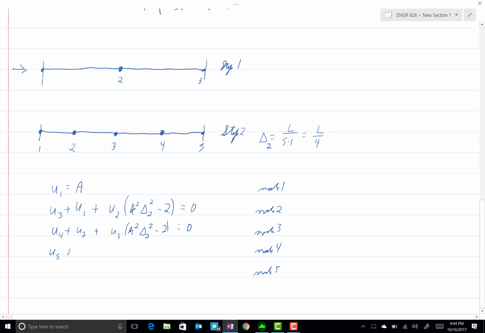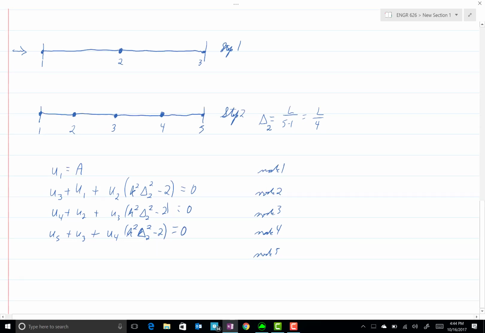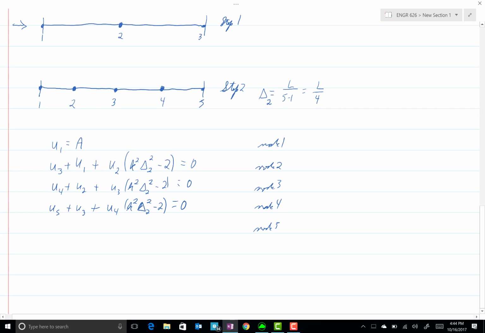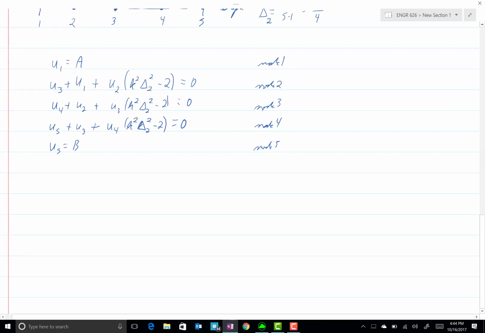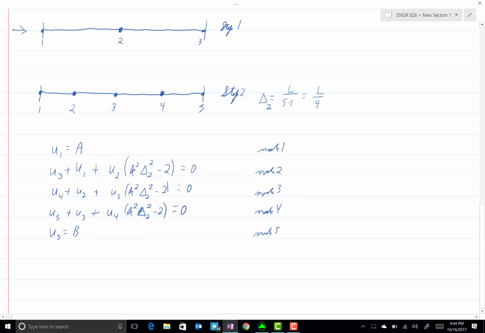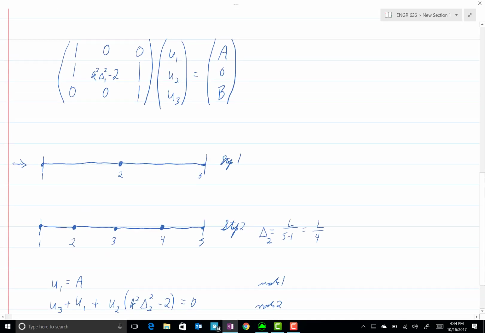And then at node 4, U5 plus U3 plus U4 times k squared delta 2 squared minus 2 is equal to 0. And then finally at node 5, that's the boundary node, so U5 is equal to B. And so now we have 5 equations and 5 unknowns.